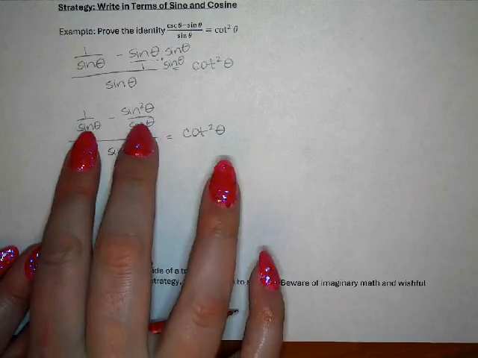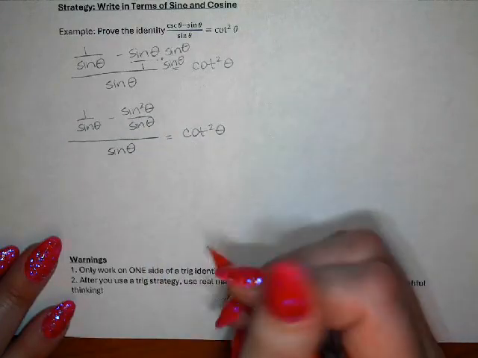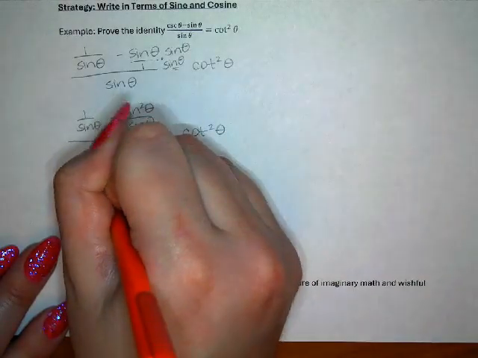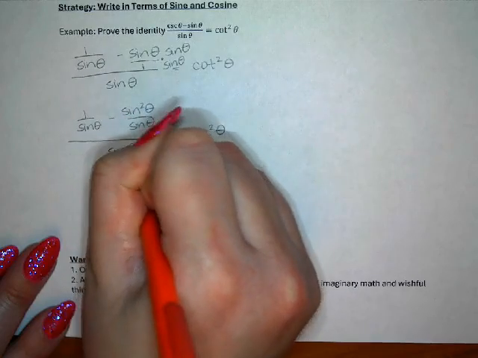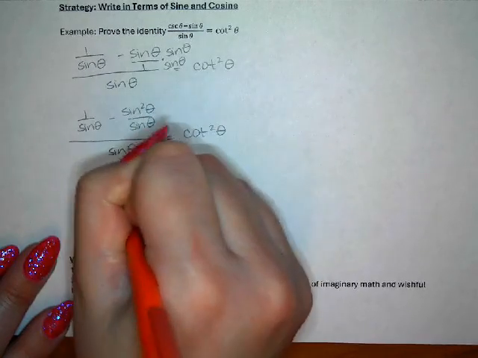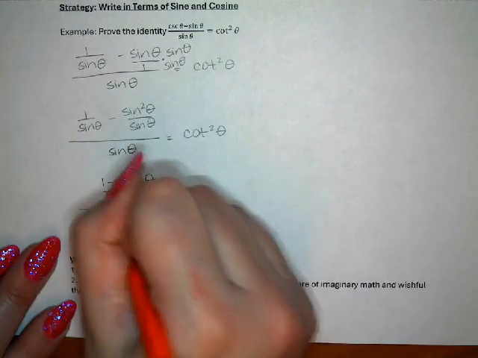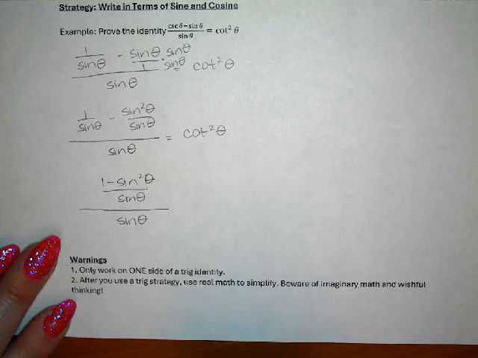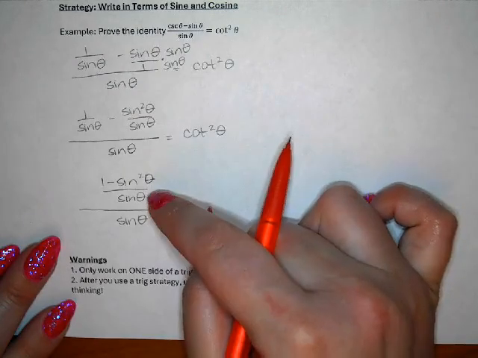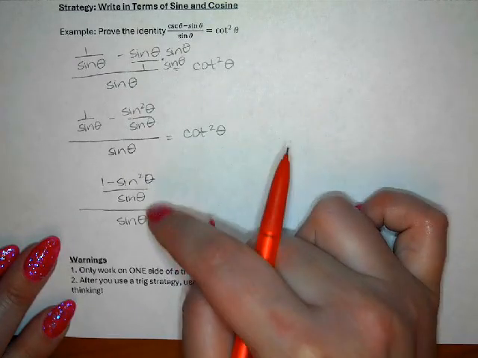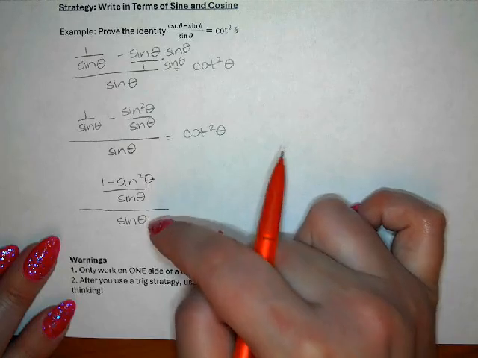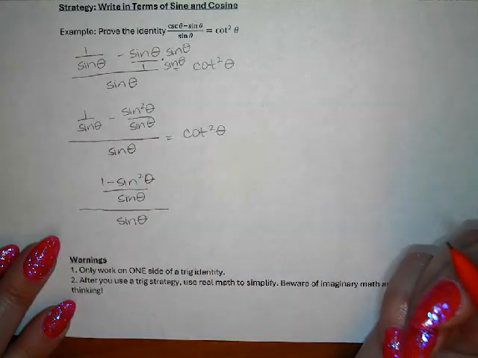Okay? Now I'm going to go ahead and put those two fractions together with their common denominator. So I have 1 minus sine squared over sine, and then that's being divided by sine. Now, when I have a fraction over something, I prefer for it to be a fraction over a fraction. It's just easier for me to deal with. And so I'm going to put this over 1 so I can think of it as a fraction over a fraction.